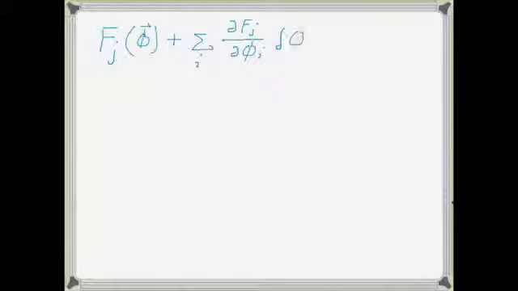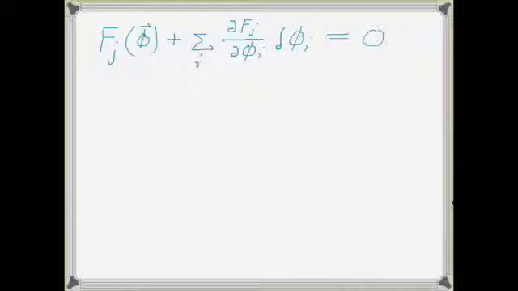So in terms of indices, Fj, which is a function of all phi, plus sum over I, dFj, d phi I, delta phi I. So I just wrote it out as a first order linear Taylor series expansion around a small change in phi, assuming that you're close to the solution.